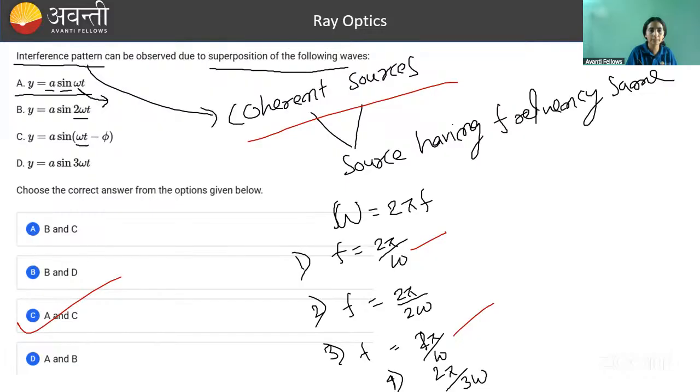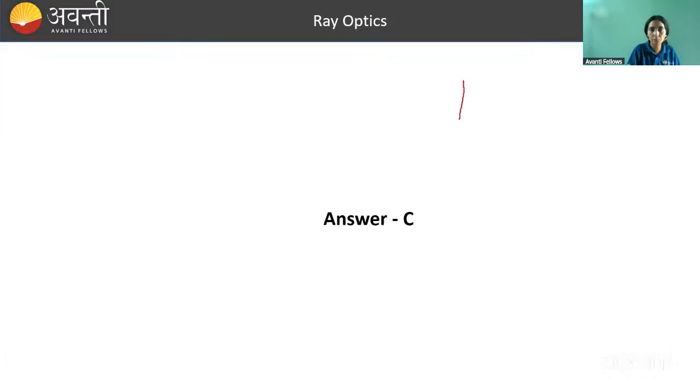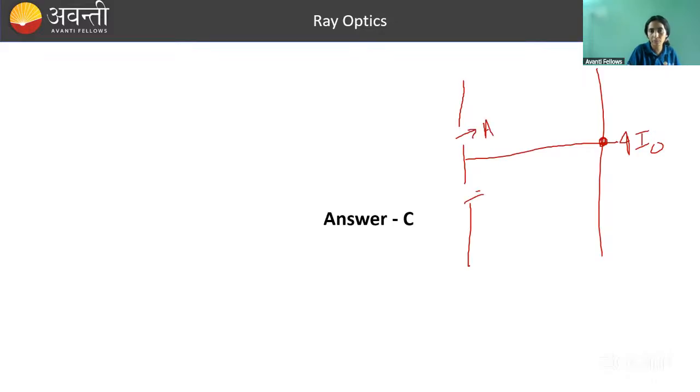When you get an interference pattern, the maxima has an intensity of 4 I naught, if the amplitude from both sources is A. The maxima will have intensity 4 I naught, the minima 0, again 4 I naught, again 0. So you will get light, dark, light, dark, light, dark. A pattern you're getting.